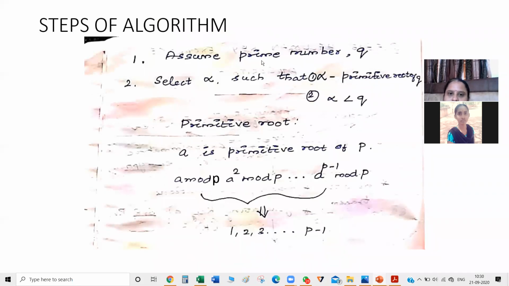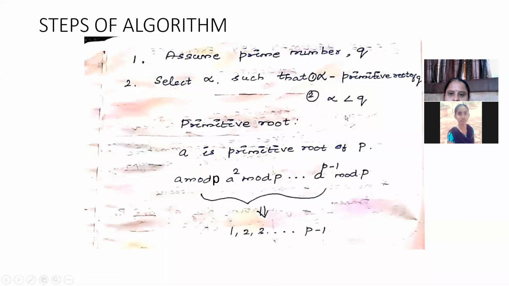That is the condition. First we assume any prime number q, and then we select alpha such that alpha should be a primitive root of q, and alpha should also be less than q.